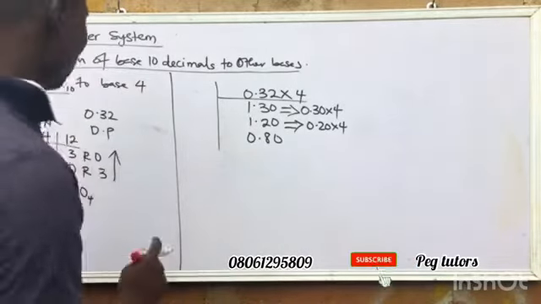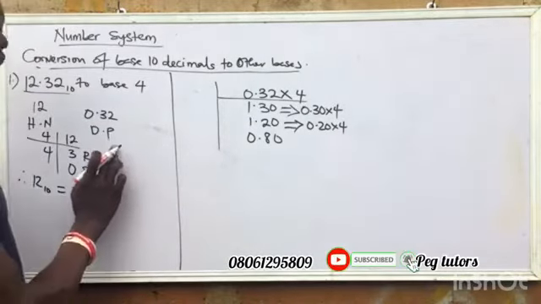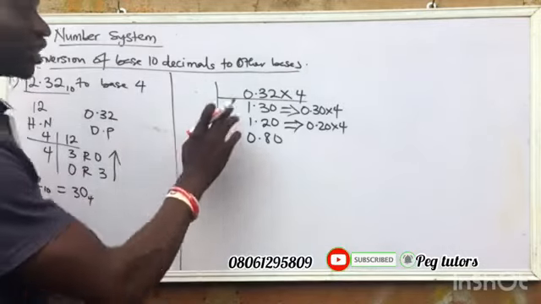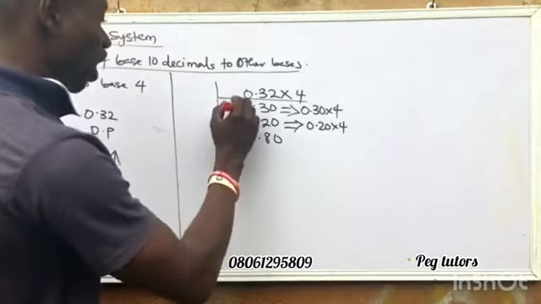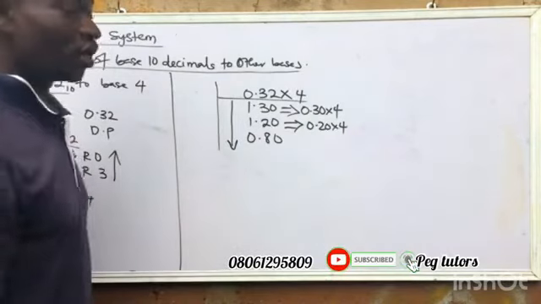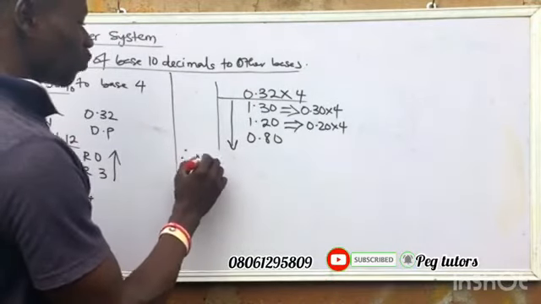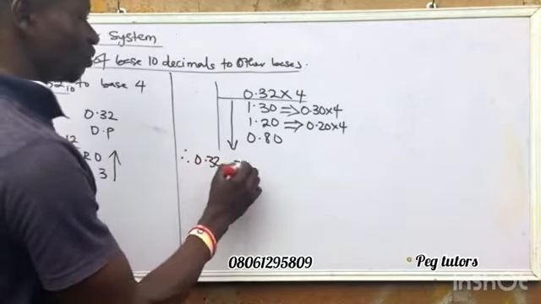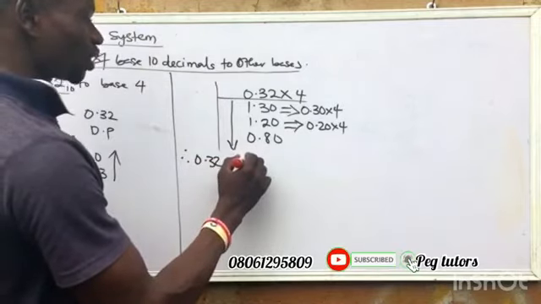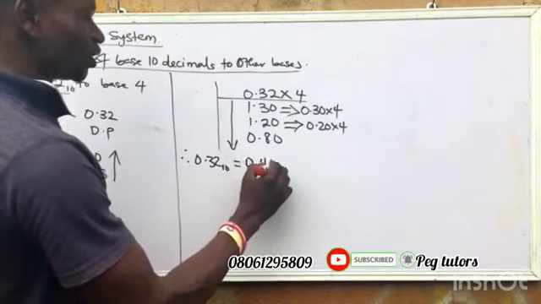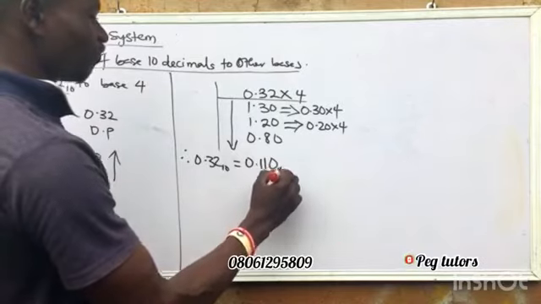Now remember we always take our arrow upward for whole numbers, but this time, for decimals, you take your arrows downward this way. So therefore, 0.32 base 10 gives us 0.110 base 4.